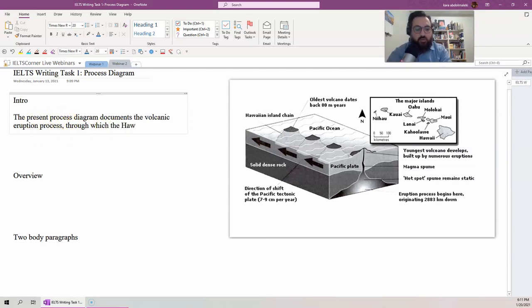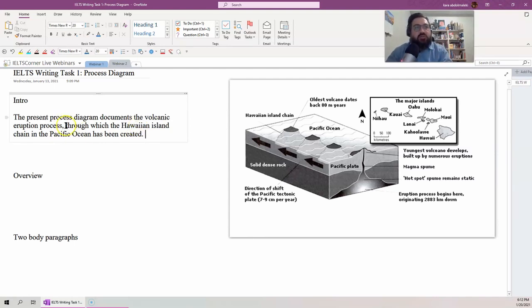The Hawaiian island chain in the Pacific Ocean has been created. Okay, so this could be our first sentence.